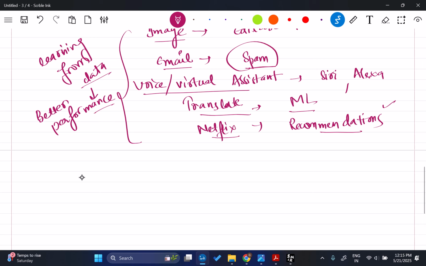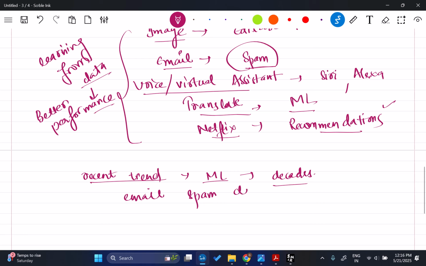Although it feels like a recent trend that we have got ML in the last 10 years or maybe a few years more, ML was there before these decades also. One of the major examples, as I mentioned, was email spam detection, which was there in the early 1990s.